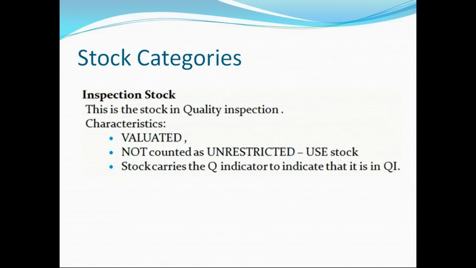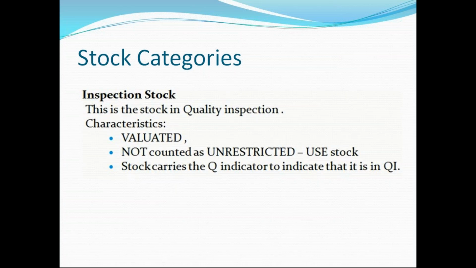So the goods produced from your company also will go through quality inspection, and the quality department will try and check whether your material, that means your finished goods or semi-finished goods, achieves the quality requirements specified by your client companies. If it does, it will be sent out to the client companies, or it will not be sent out to the client companies.